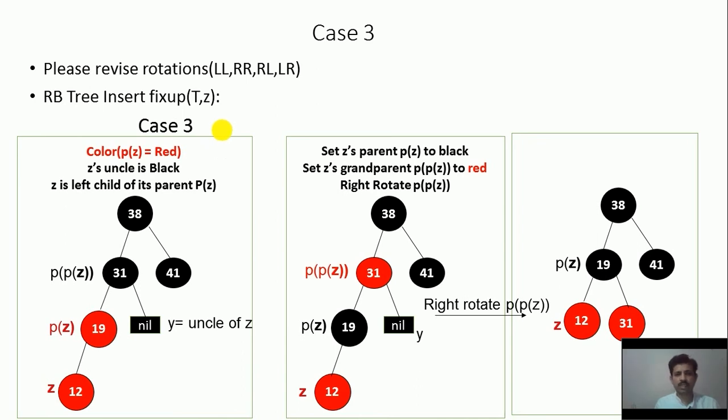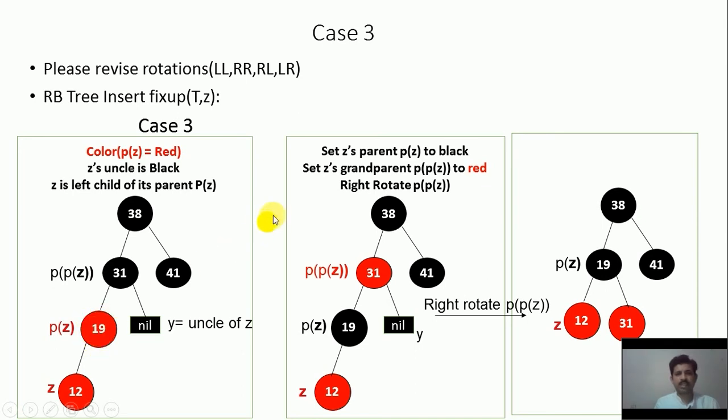And what is case 3? If G is the left child of its parent, the solution is to set G's parent P of G to black, meaning we make this node 19 black.